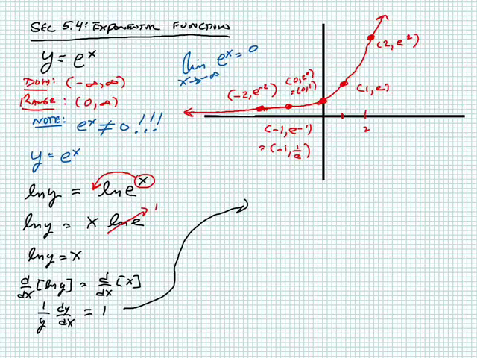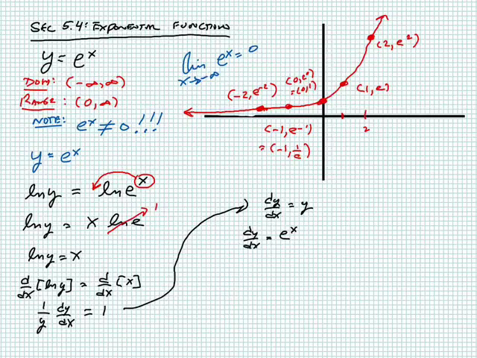So now I'm going to multiply both sides by y. So I get dy dx is just equal to y. And remember that the last step for the natural log differentiation technique is to put my y value back in. So dy dx is equal to y, and y originally was e to the x.